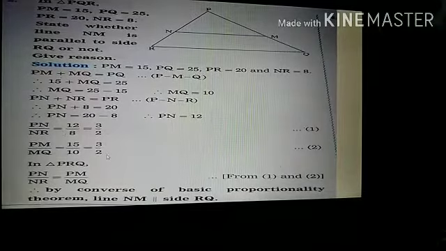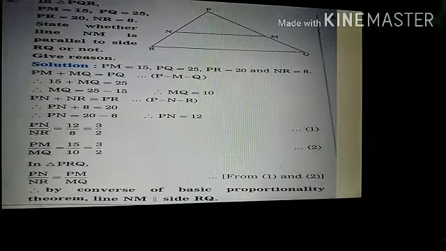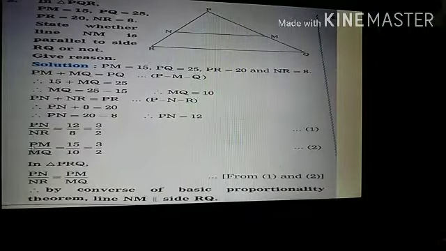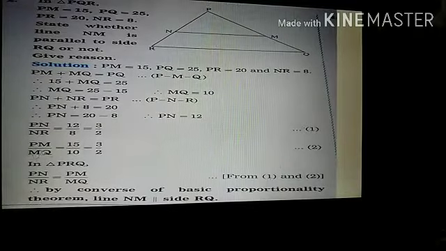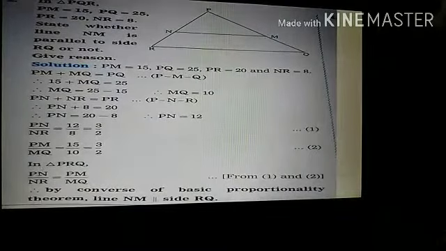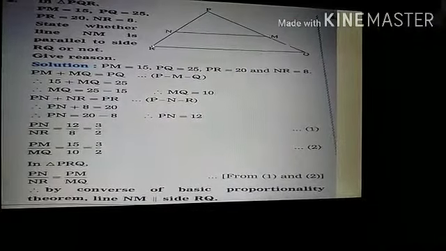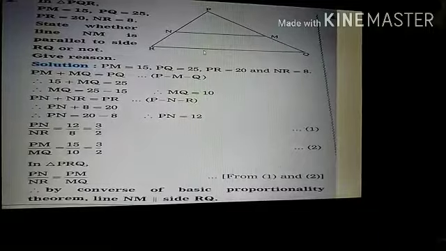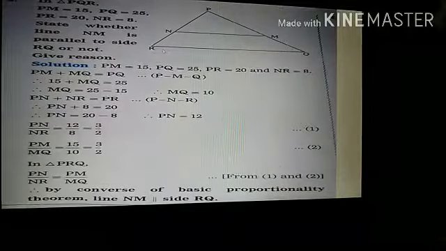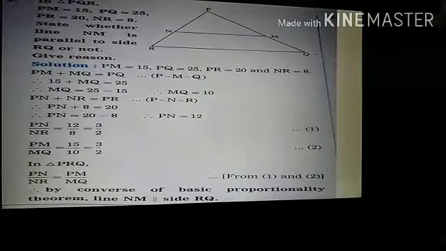From point 1 and 2, we get the ratio of PN upon NR is equal to PM upon MQ. Therefore, we can conclude that by converse of basic proportionality theorem, line NM is parallel to side RQ.